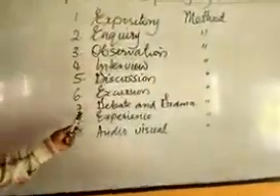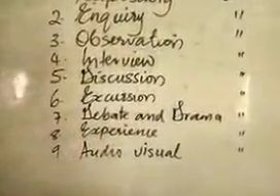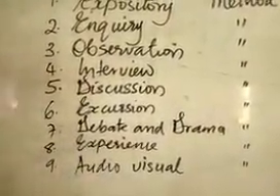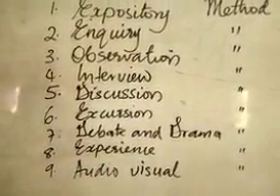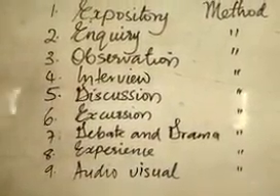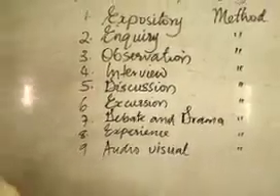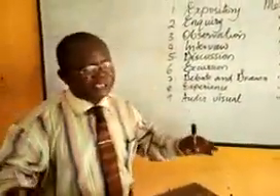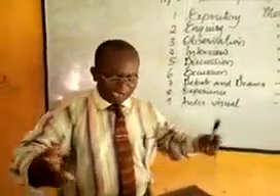Then I want to go over to this other number, and that number is number 7, debate and drama. Debate and drama are another way of learning civic education. A topic could arise, and you put it to students to arrange a debate, maybe a hot one, and they will debate it.